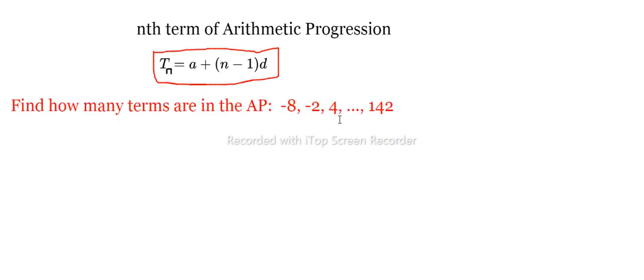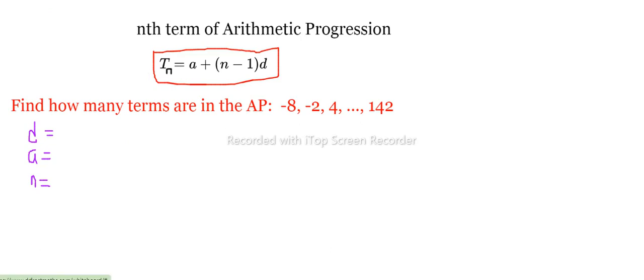So we have another question here. The question says find how many terms are in the AP minus 8, minus 2, 4, dot dot dot, 142. So that means there are terms in between. Remember, let's write out our d. D here is the common difference.